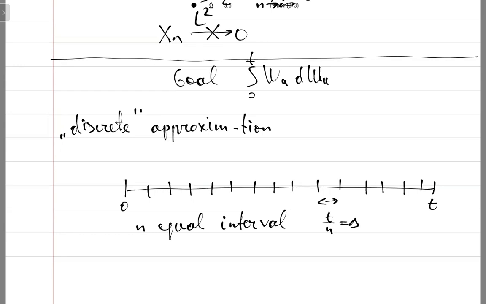This will be the only point where I deviate from the general definition of stochastic integral. In the general definition, these intervals may have different lengths, and the only requirement is that the maximal length of an interval goes to 0. They may be different in the true, rigorous, complete definition of stochastic integral. But for simplicity, that's the only point where I will deviate from the honest definition.